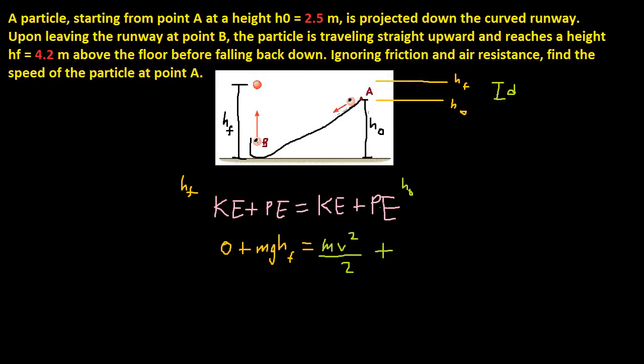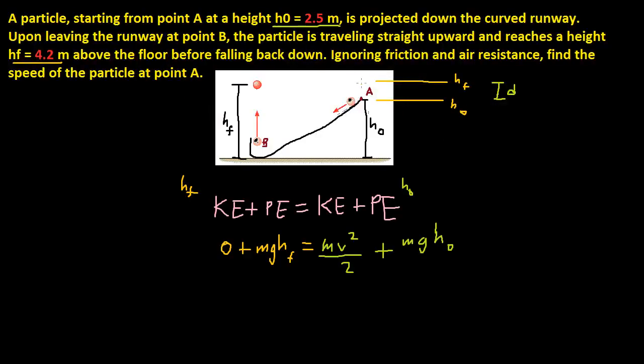And the potential energy at A is mg times H naught, since the height is H naught at A. Do we have H naught? Yeah, we have this right here. Do we have H final? Yes, we do.